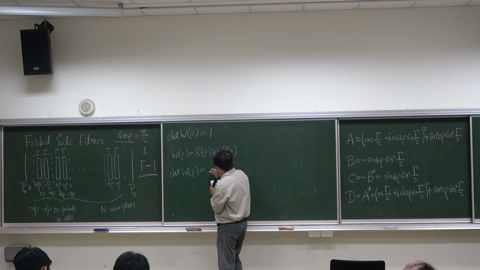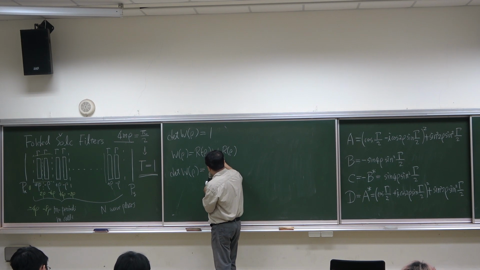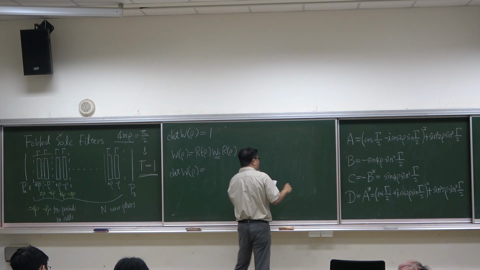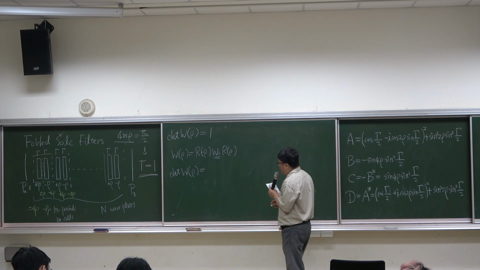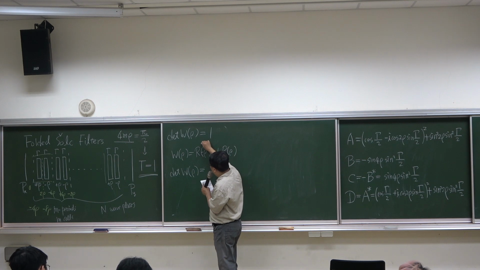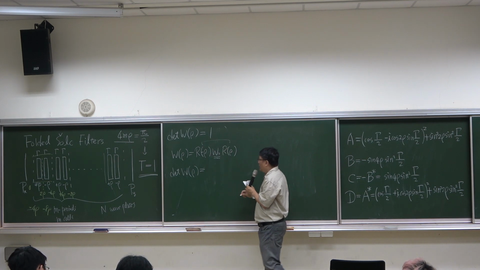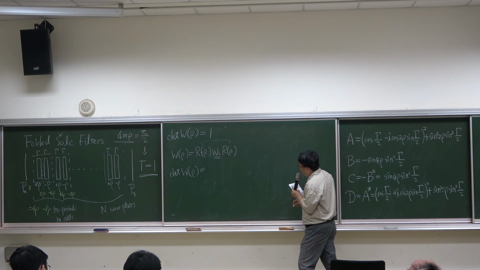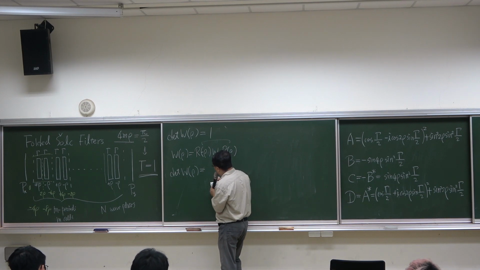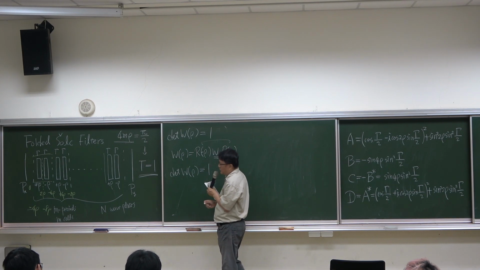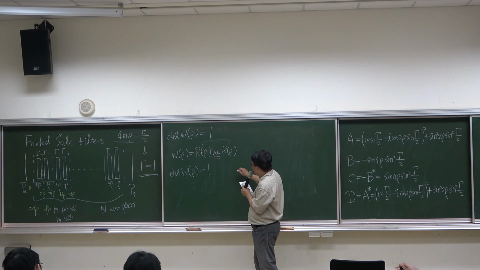So W0 has the determinant equal to 1, and R rho times R minus rho gives us determinant equal to 1. So finally we get determinant equal to 1.